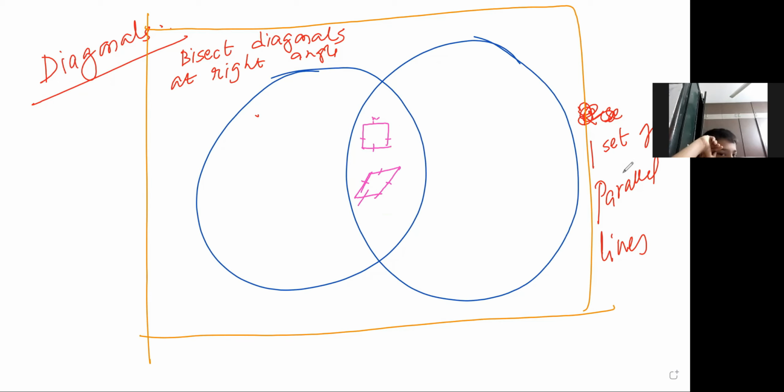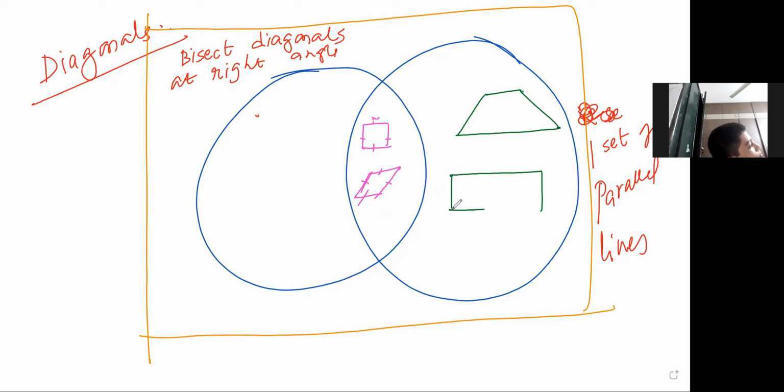Now we have one set of parallel lines. So tell me, which figures have one set of parallel lines? The same rhombus and square, but they are already common, so we need not put them here. Rectangle has one set of parallel sides, yeah. And do the diagonals bisect at right angles? No, it does not.